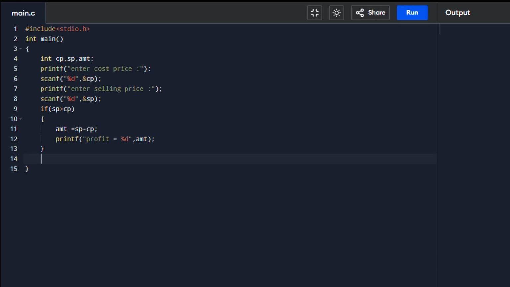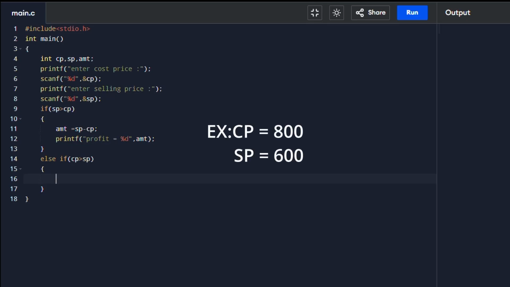Now comes the second condition, else if cost price greater than selling price. Else if CP greater than selling price. This condition asks, is the cost price greater than the selling price? Let us take the example, cost price is equal to 800, selling price is equal to 600. The condition becomes, if 800 greater than 600, which is true, therefore loss occurs.